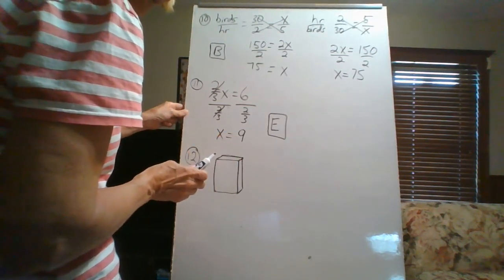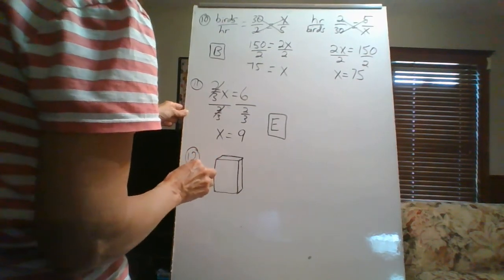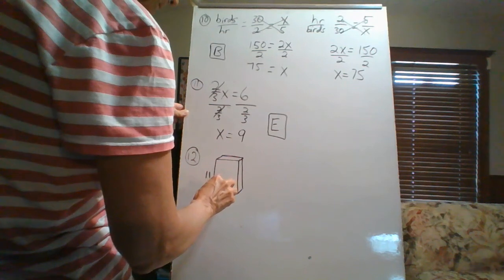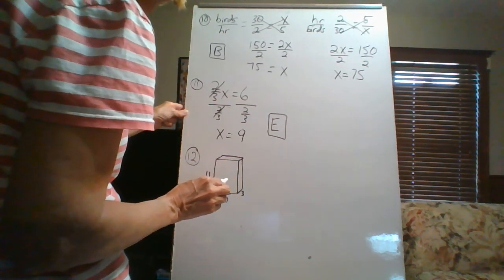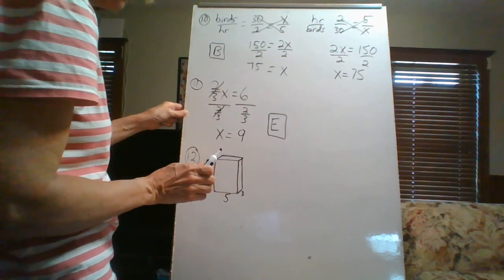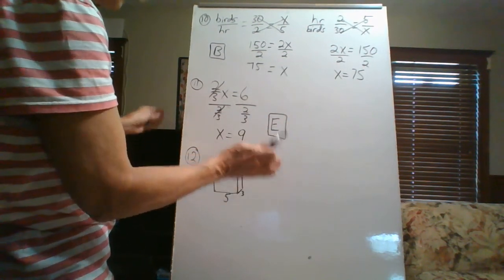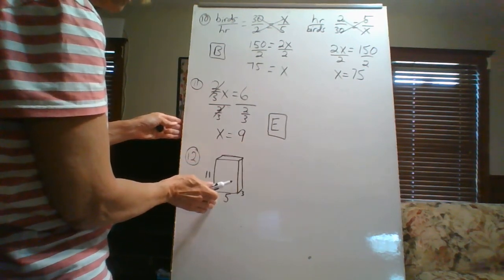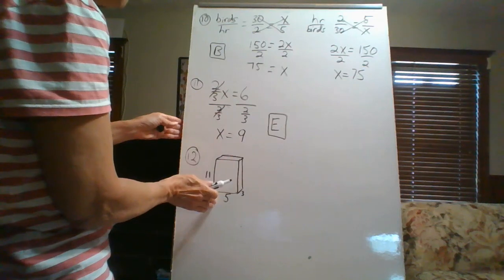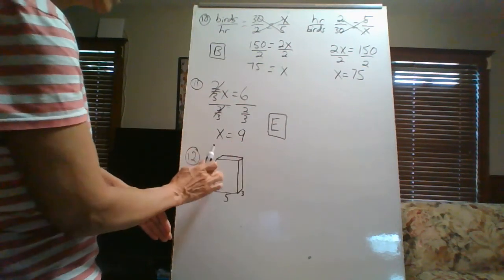It's 11 inches tall, 5 inches long and 3 inches wide. Shipments from the factory come in a single box that would have 20 of these boxes in it. So in cubic inches, what is the smallest possible volume of the large box? In other words, what size is my big box where I can stick 20 of these in it?